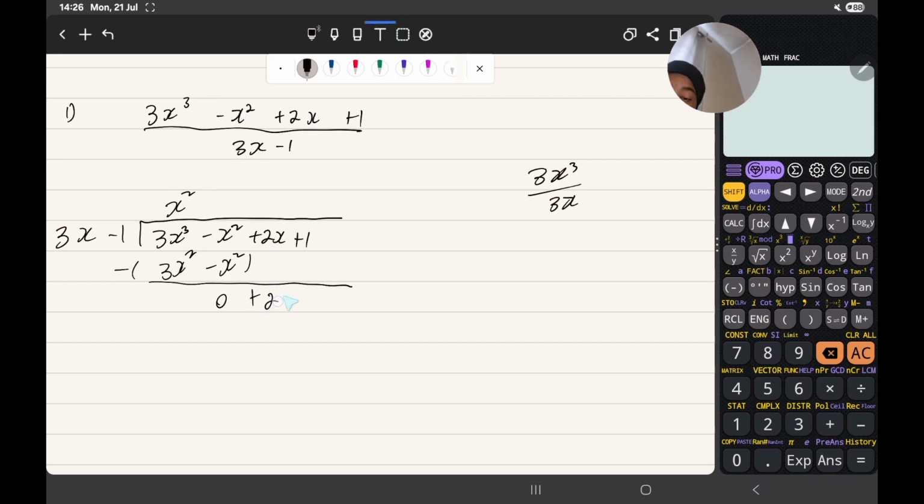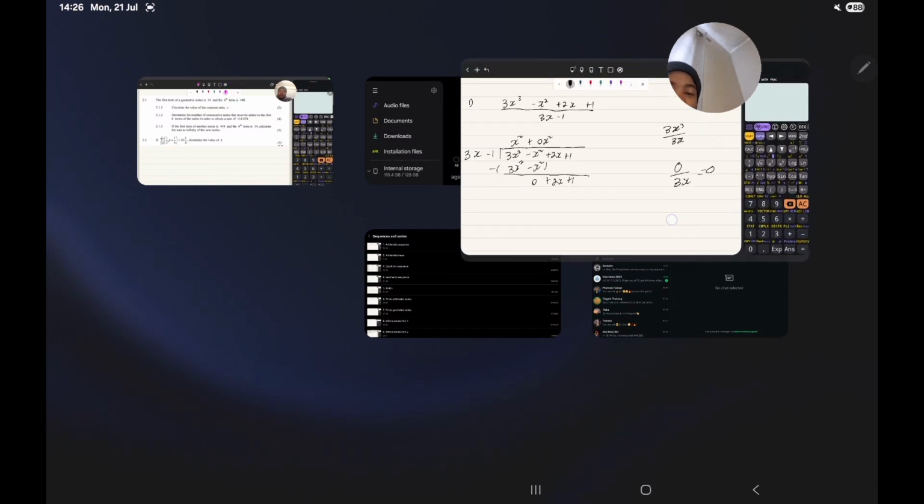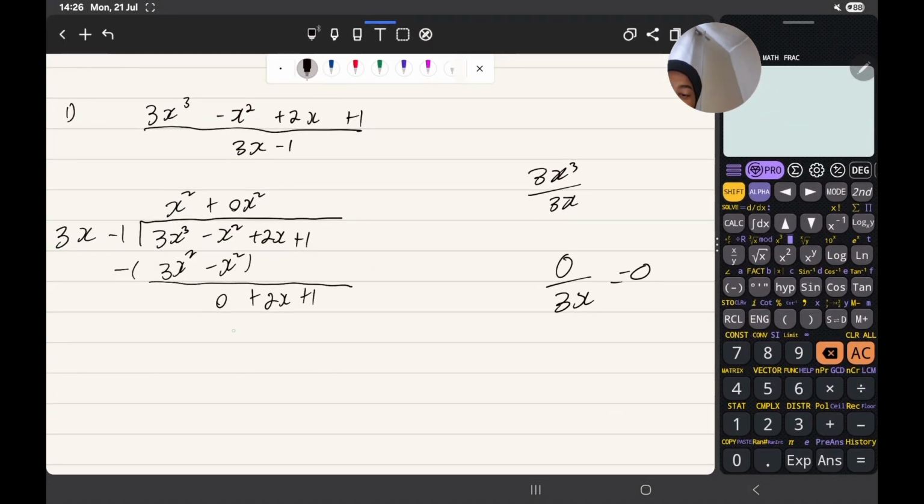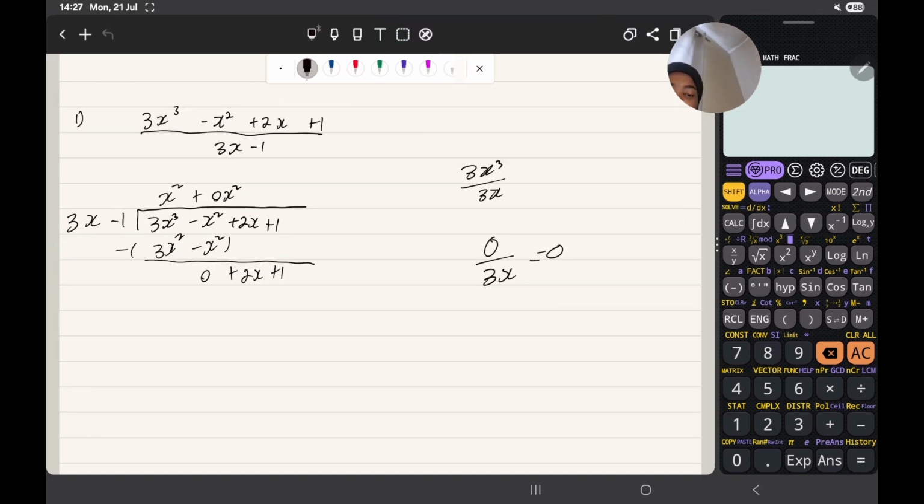Bring down the 2, and then we focus on 0. 0 divided by 3x equals 0, so plus 0x. 0 times this is going to be 0. Then we subtract, and this minus this, that is 2x. Then we bring down the 1.